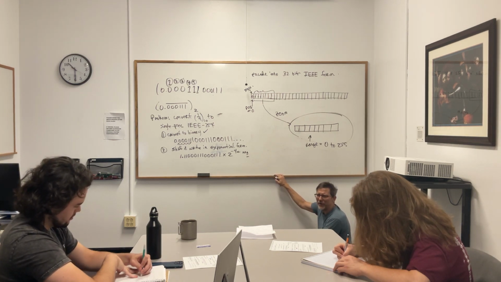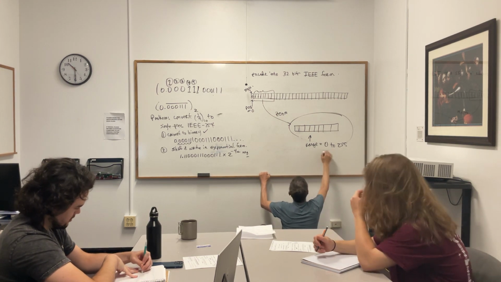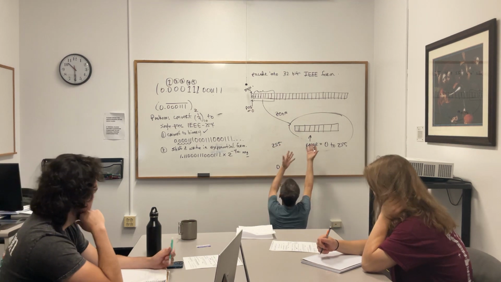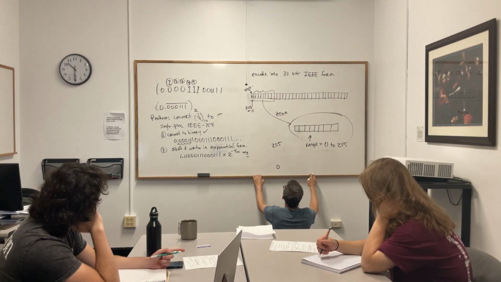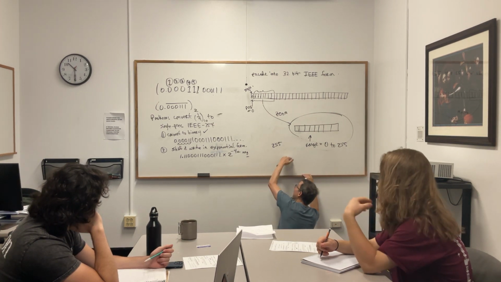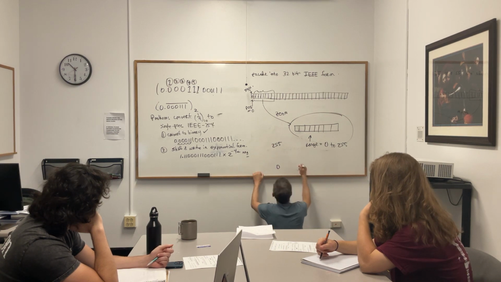Yikes, that doesn't sound good. So how do we do this? Well, we take this range from 0 to 255, all the possible things we can encode in there, and we split it roughly in half. We allocate half of this to positive exponents and the other half to negative exponents.